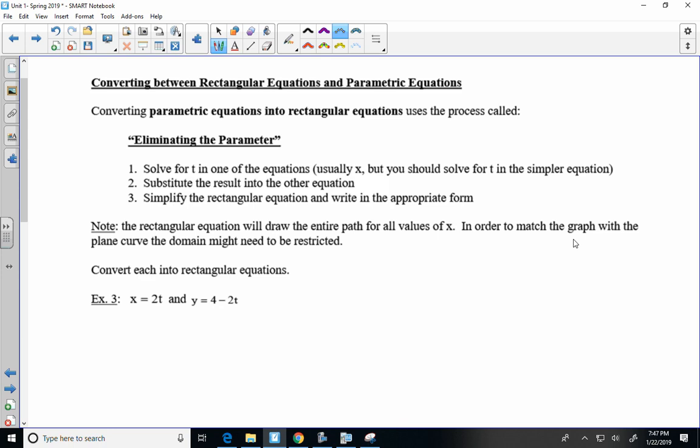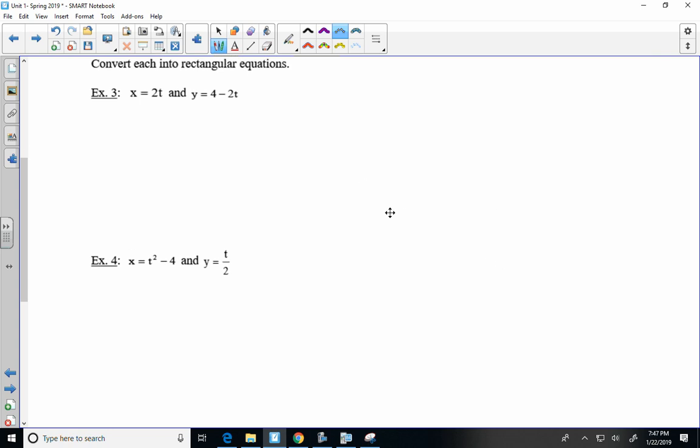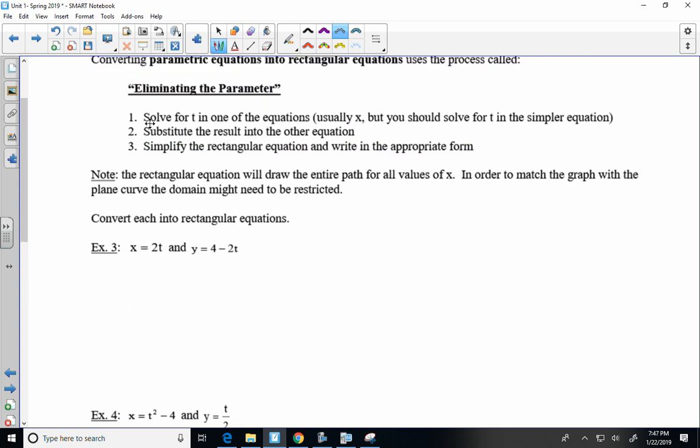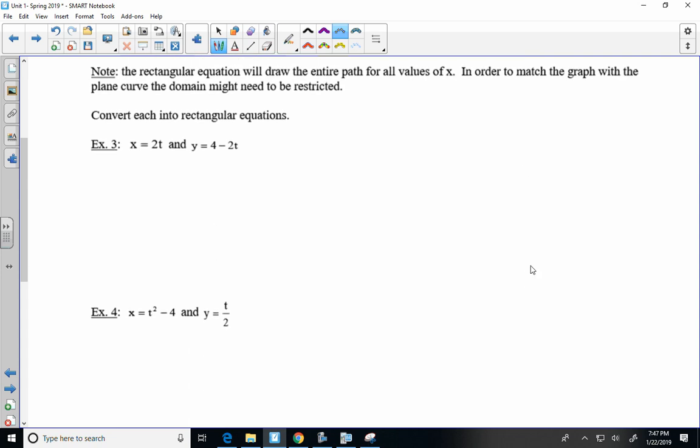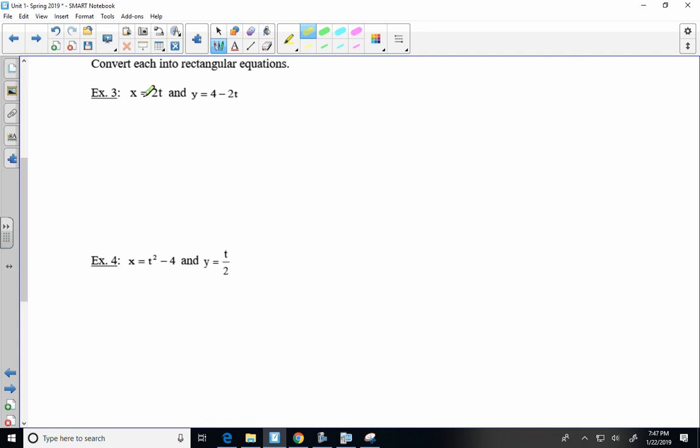So all we're going to do is make a strategic substitution that allows us to eliminate the parameter t. Some cases it's very easy to see, and some cases it's not so easy to see. The default algorithm tells us solve for t, but maybe I don't want to do that, because maybe I noticed immediately that x is the same as 2t, and there's a 2t right now.